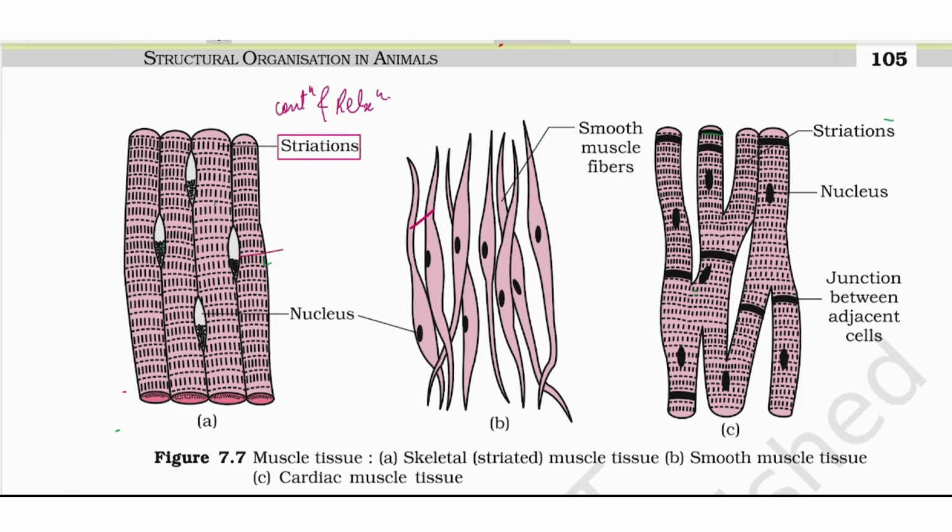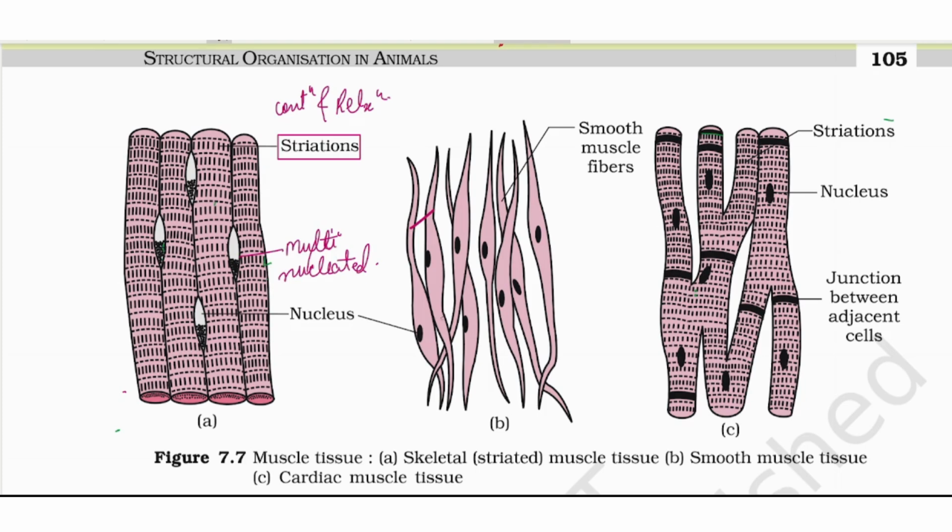This is the nucleus, which is multinucleated, not only one nucleus but more than one, so it is multinucleated, right? And in the skeletal muscles other terms are also important, like the sarcolemma, and the nucleus is also present.